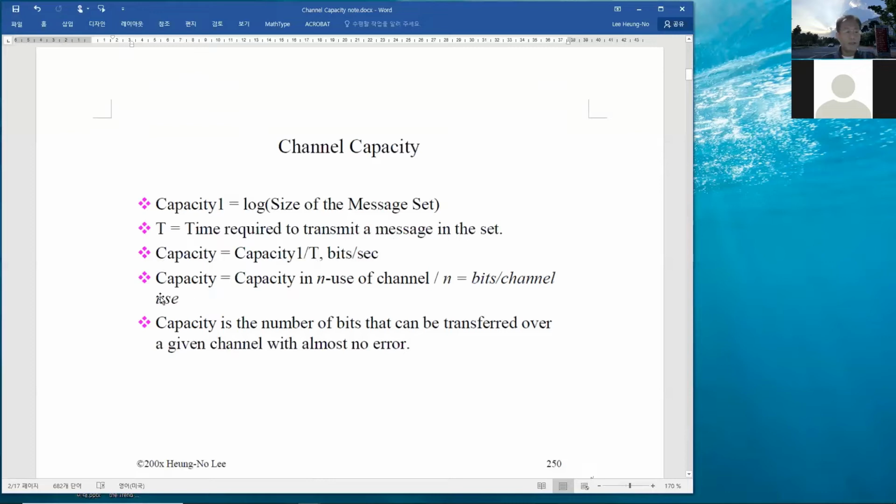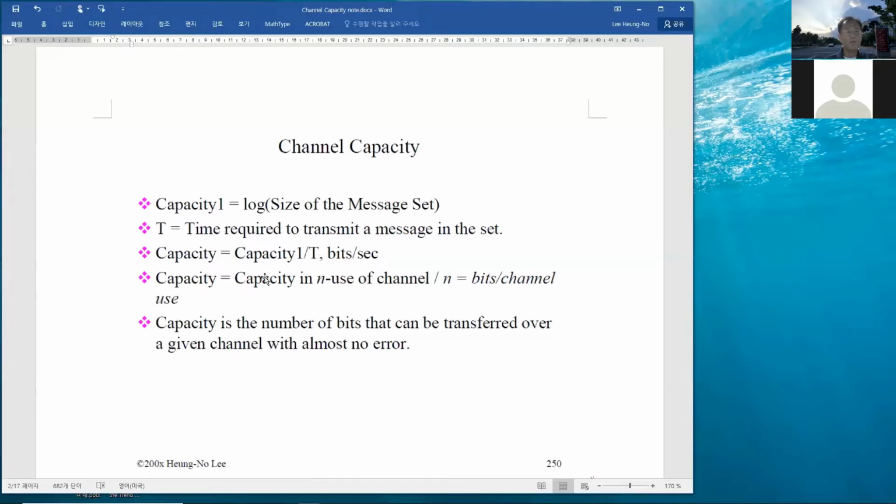Another capacity definition is to use the notion of a single channel use. For example, a physical channel can be used once. That means you have to occupy the transmission channel for a given time and a given frequency range.